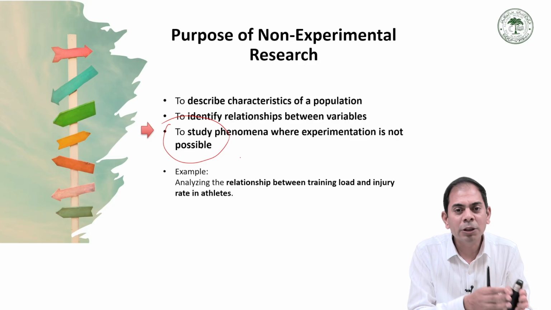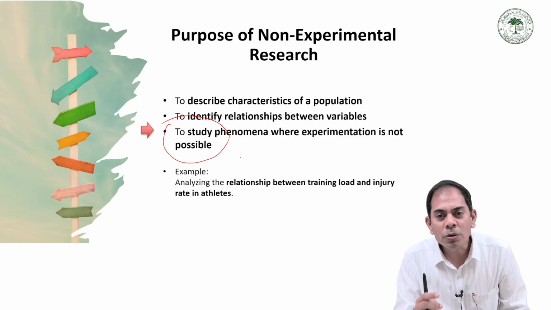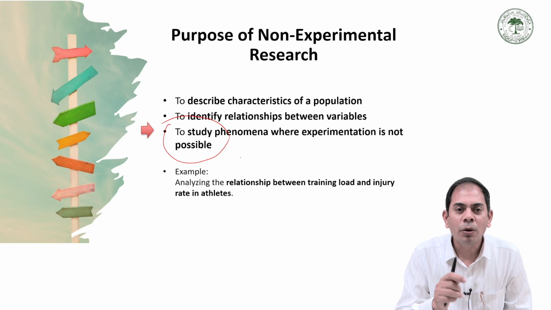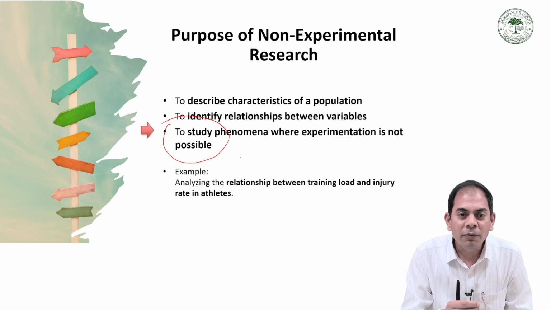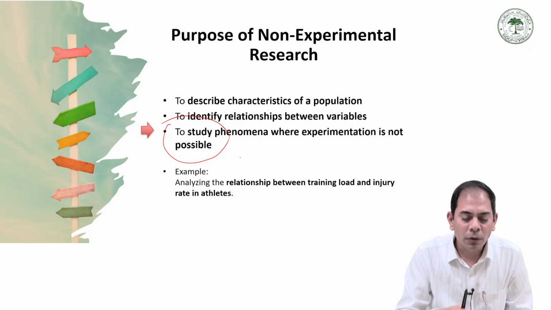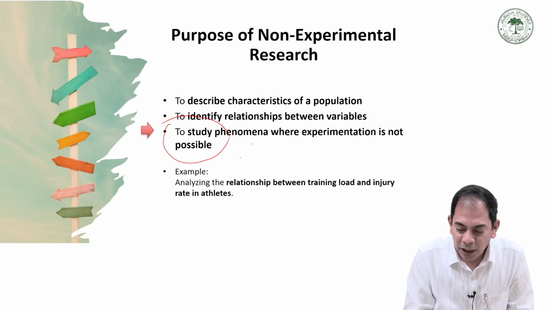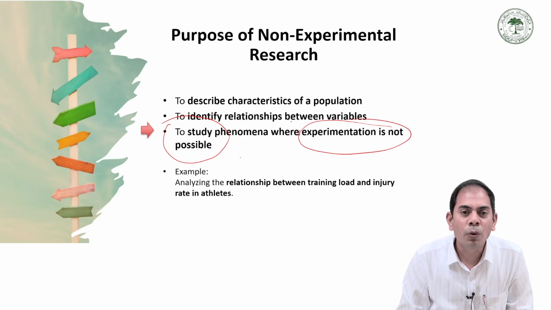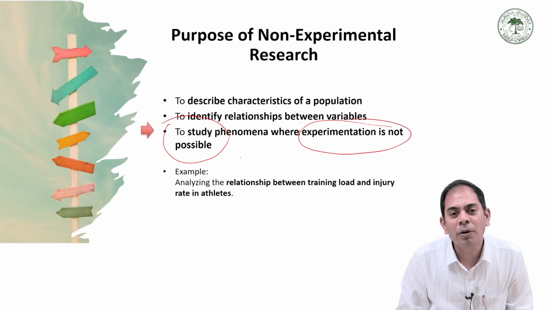This means sometimes an experiment cannot be conducted because it may be difficult, expensive, unethical, or impossible. We cannot force a student to experience stress just for the research. So in that case, we study phenomena where an experimental situation is not possible, and we go for non-experimental research.